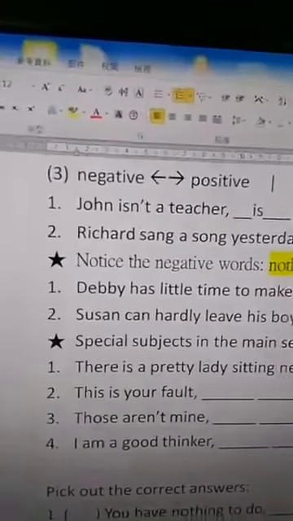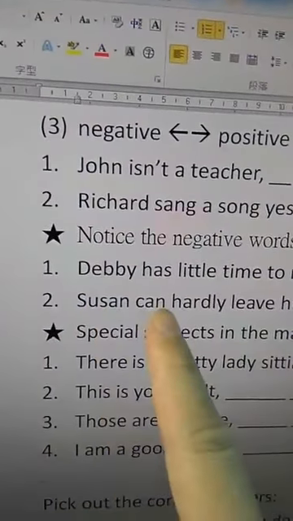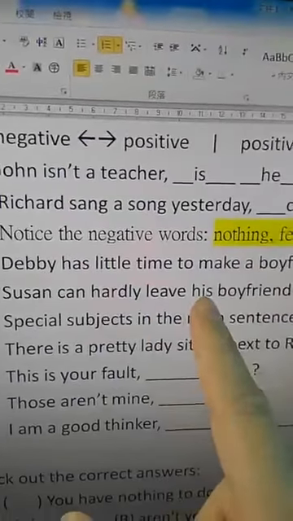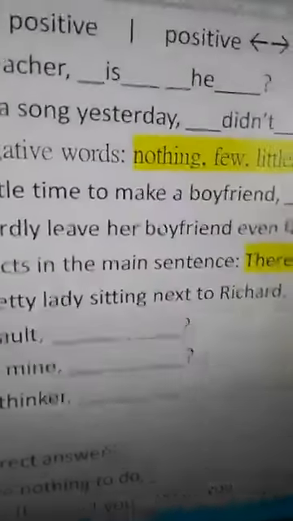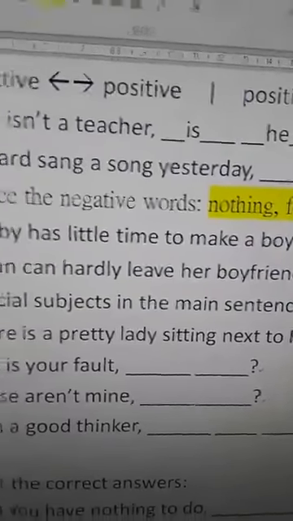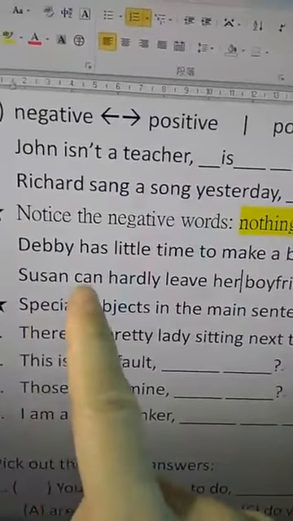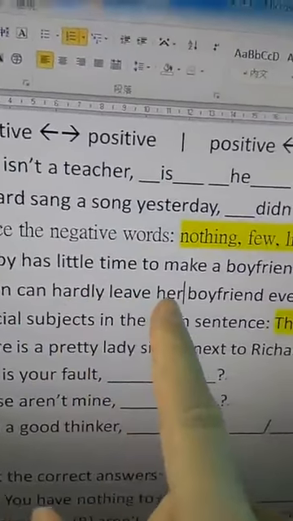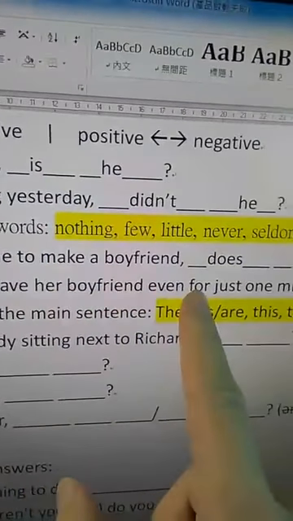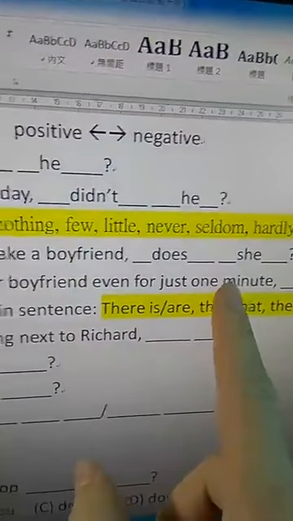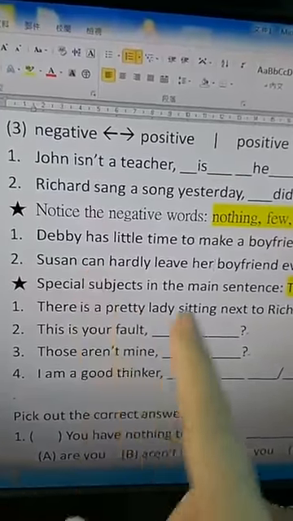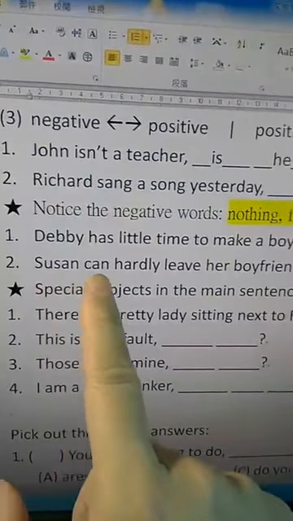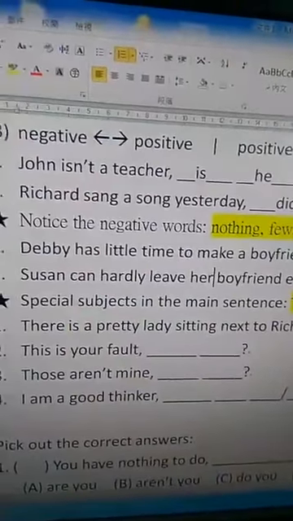So let's do one more sentence here. Susan can hardly leave his, oh, why should I use his? That's a typo here. I'm so sorry. Her. I'm not a good teacher. All the time I have typos. Susan can hardly leave her boyfriend even for just 1 minute. Okay, so here we should use can, right? And Susan, pronoun she, so can she?